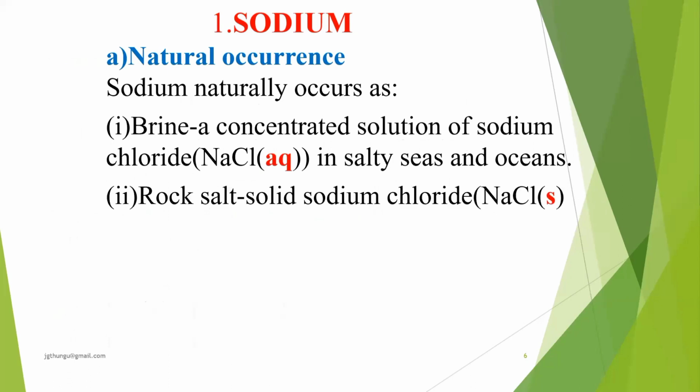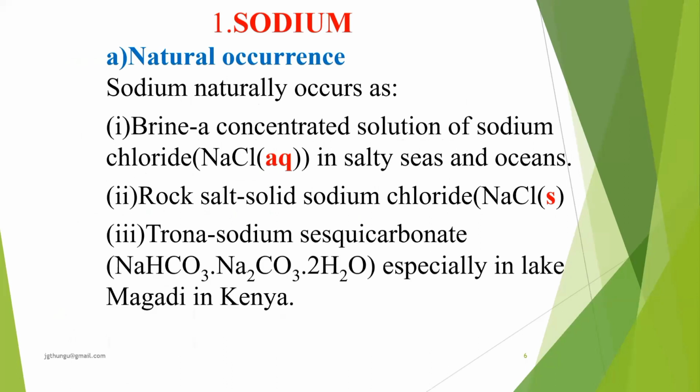We have rock salt, which is solid sodium chloride. Rock salt is the chief ore of sodium. This is the rock that we use to now extract this sodium metal. Then we may have it from trona, and you know trona is a double salt.